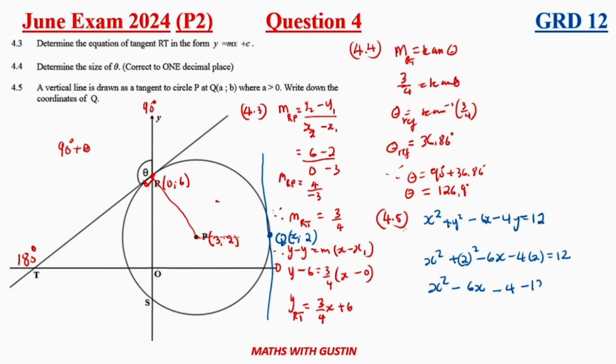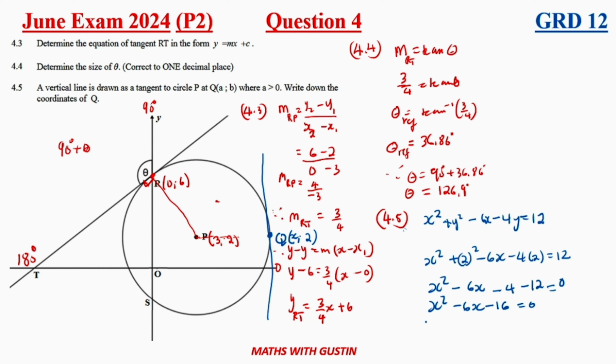Then we bring 12 from the other side, equals 0. So now therefore it's going to be x squared minus 6x minus 16 equals 0.